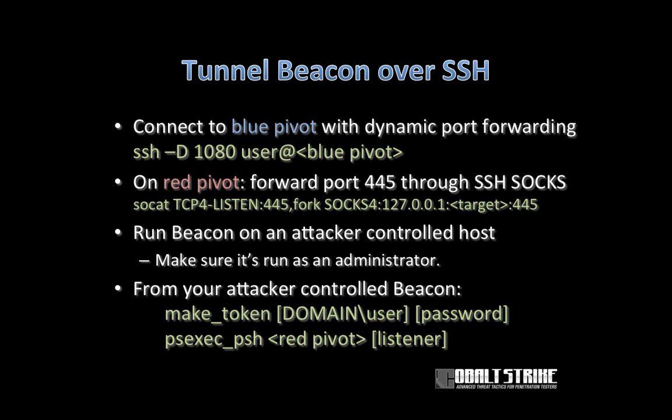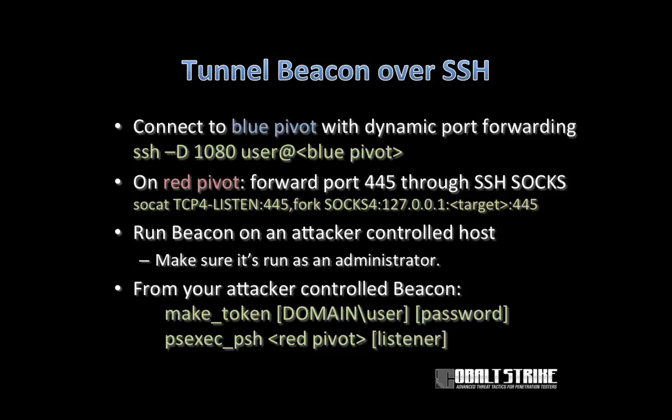To tunnel beacon over SSH, connect to the Unix target in blue space, the blue pivot, and make sure that you enable dynamic port forwarding when you do so. That's the -D flag followed by a port in SSH.